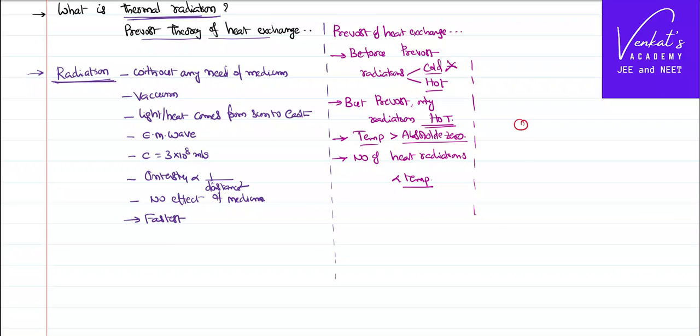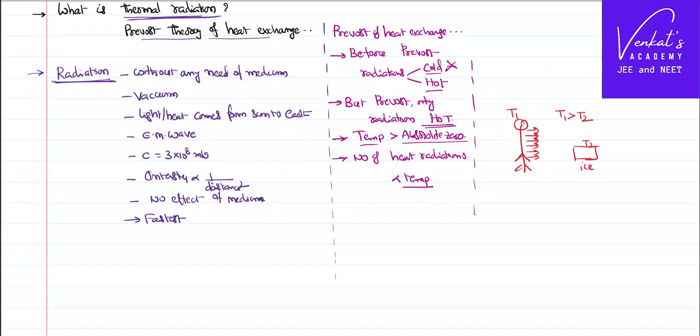Imagine you are a person standing next to ice. Both these bodies have a temperature more than absolute zero, so both of them emit heat radiations. If you call this temperature T1, this temperature T2, it's very clear the temperature of the human is more than that of the ice.